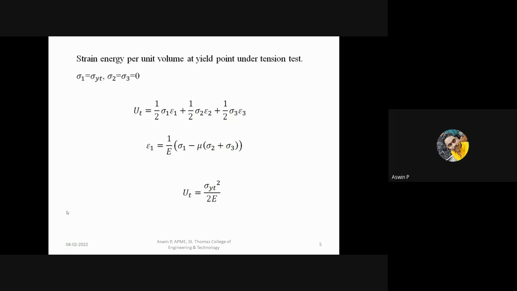Please write down the following steps of the simple tension test. The important thing is sigma 1 should be found out as sigma yield, and sigma 2 and sigma 3 will be 0 in the case of a simple tension test.